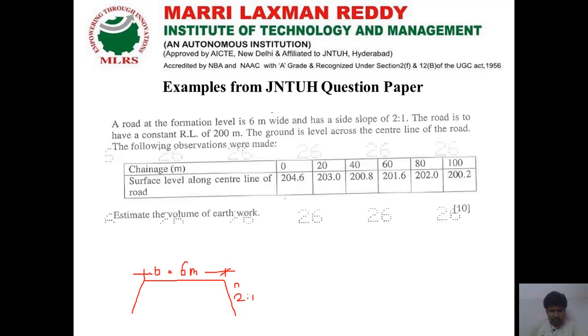Along with that, the road is to have a constant RL of 200 meter. So the RL of the road is 200 meter.